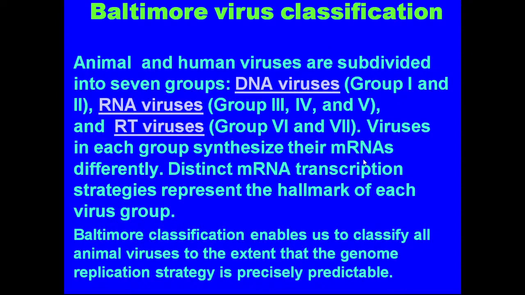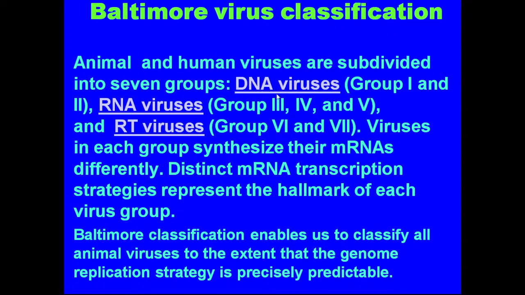But then, regarding the nucleic acids, in the Western world, there's a very popular so-called Baltimore virus classification. The thing is, the animal and human viruses can be subdivided according to the Baltimore classification into 7 groups.